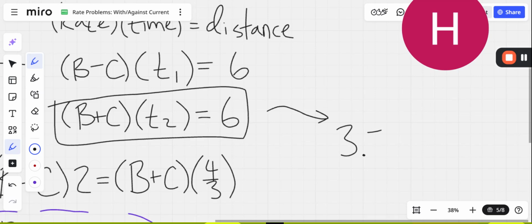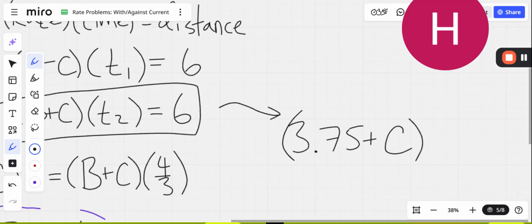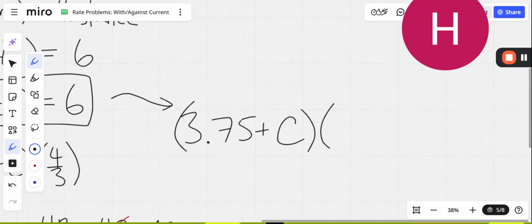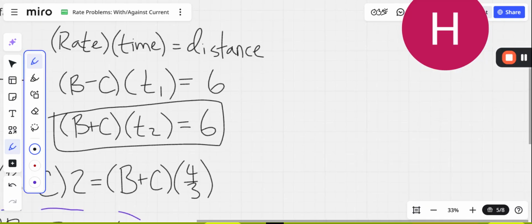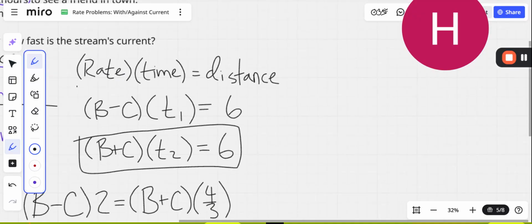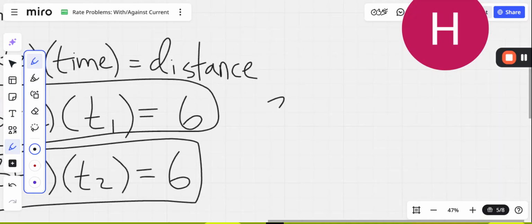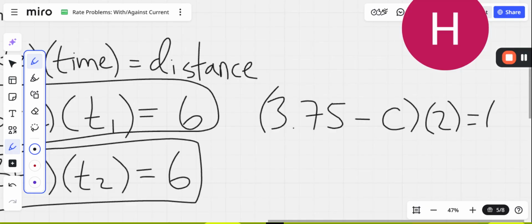So we'll say 3.75 plus c times 4/3. Oh, actually, maybe I want to use the top equation just because it's times 4/3 versus times 2. It's a little bit easier to multiply by 2. Let's use the top equation. My apologies. We'll have 3.75 minus c times 2 equals 6.